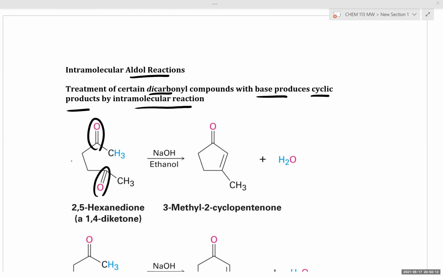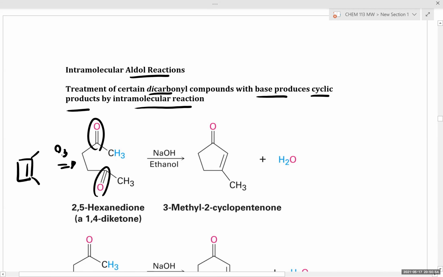What's an easy substrate to use to generate a dicarbonyl? What's a common reaction that makes a set of ketones, aldehydes, or carboxylic acids? What's a common reaction that makes these kinds of dicarbonyl functionalities? Ozonolysis, exactly right.